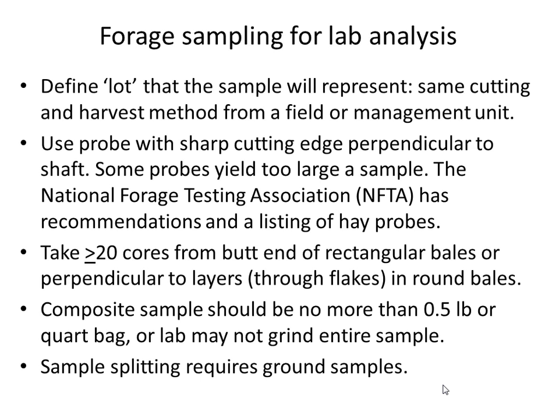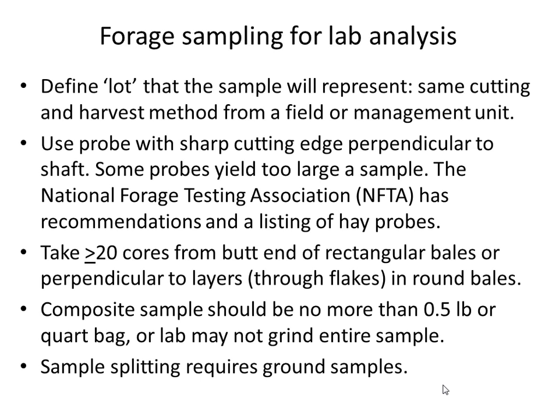You think of that as a source or a lot, just like Lewis has you thinking about a representative soil sample. So if we can think about that, we can go in with a probe like the one here, which I'll let you look at later, with a sharp cutting edge perpendicular to the shaft. Why does that matter? There are a number of hay coring probes out there on the marketplace that have a tapered tip like a syringe.